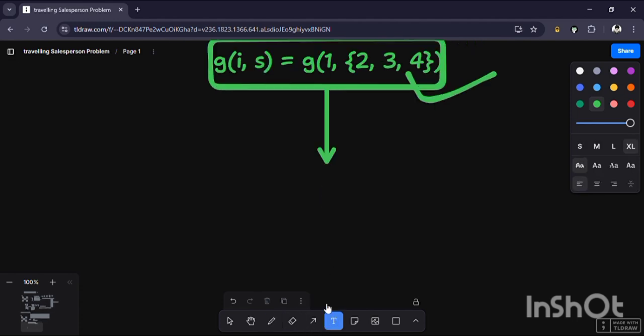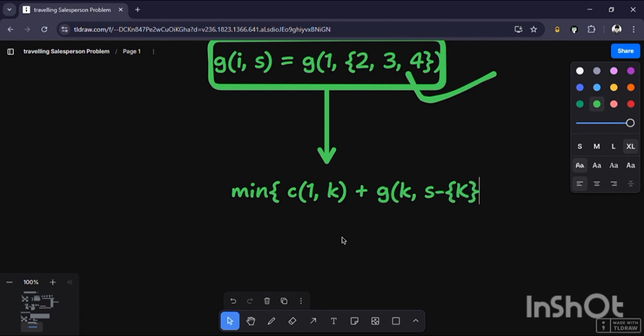So if I expand this, the expansion will look like minimum of c of 1 comma k plus I will again call g of k comma remaining vertices, that is s minus k, right?